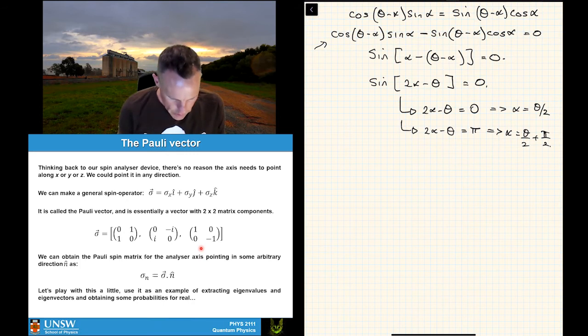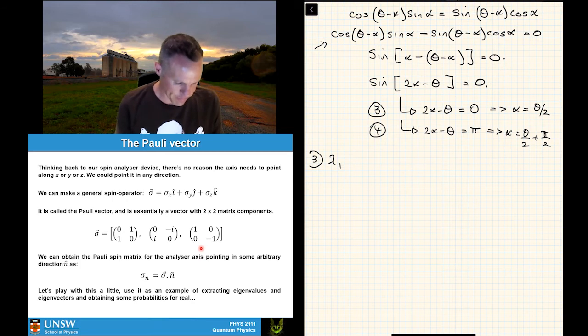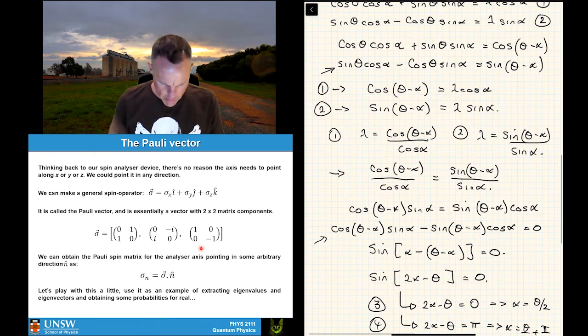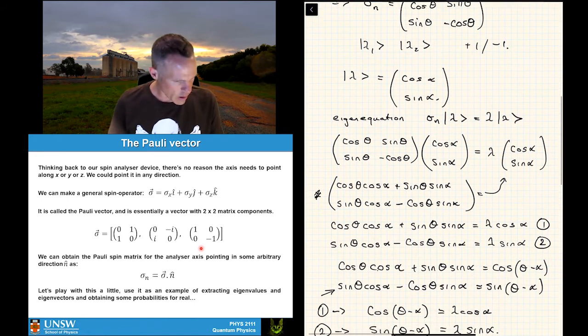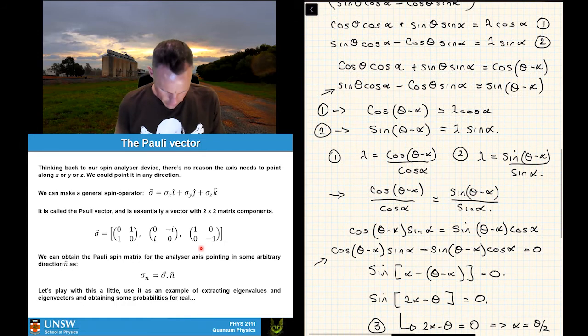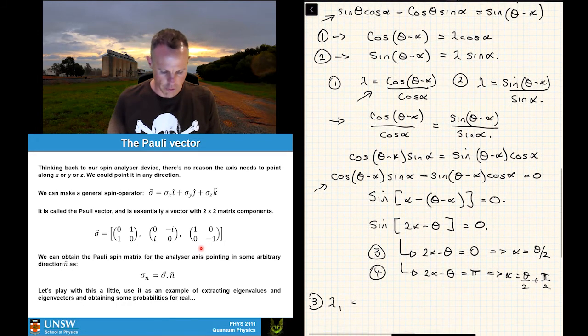Okay, so what we're going to do here is call the first one lambda 1, right? Let's call this one 3 and this one 4. So what we're going to do is deal with 3 first. So we're going to call this lambda 1, and you remember that we defined our lambda right up the top. Where is it? Just here. We defined our lambda as cos theta minus alpha on cos alpha.